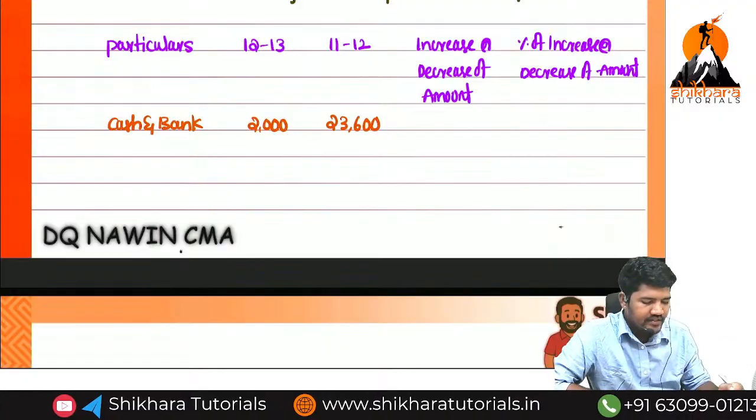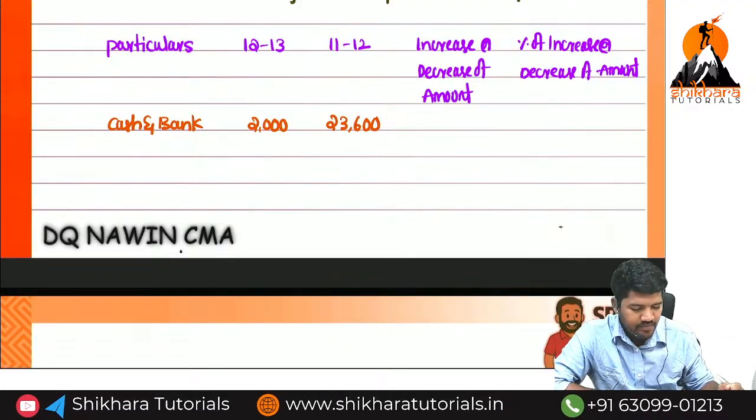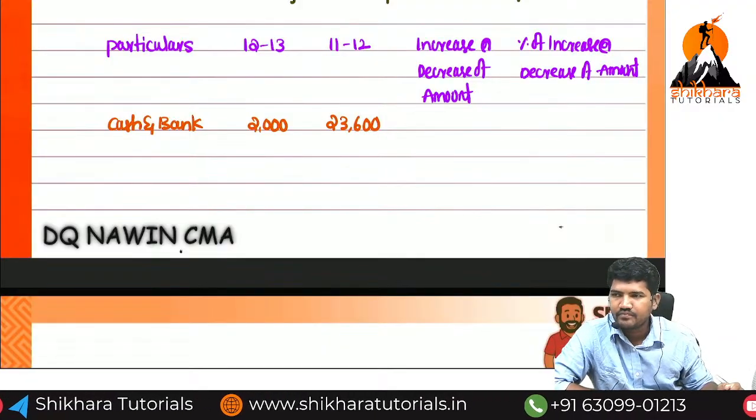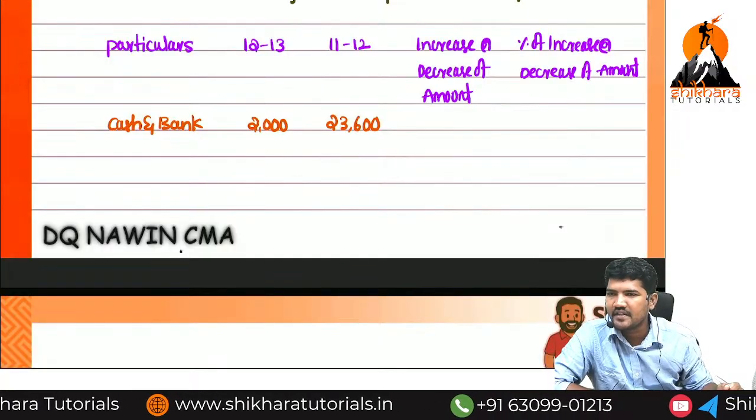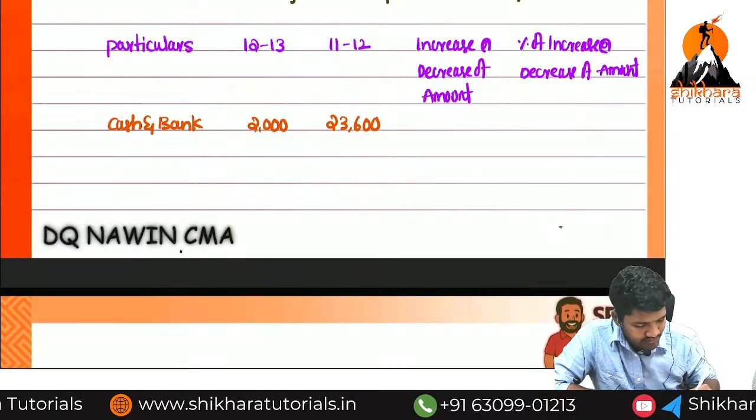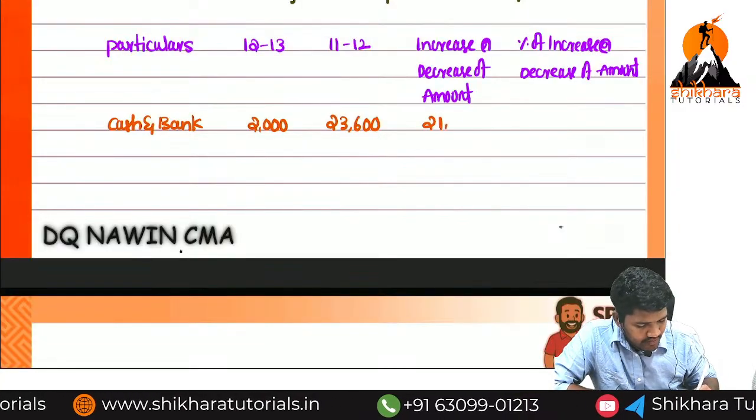What about the increase or decrease of amount? Current year versus previous year, so 2,000 versus 23,600. What happened? Decrease, minus. How much? 21,600.